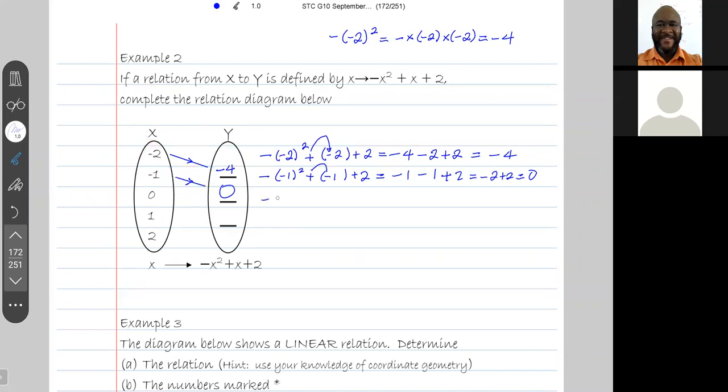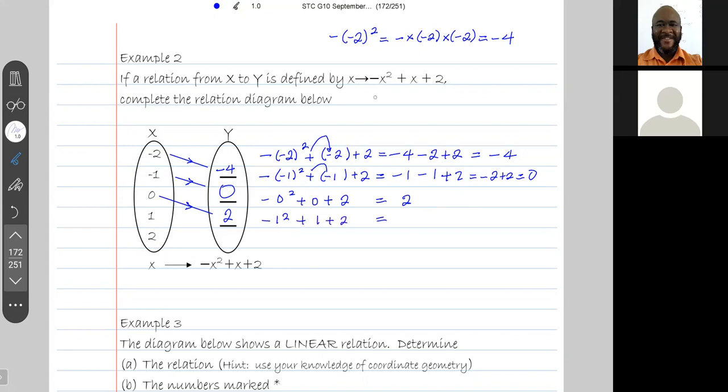So this is minus 0 squared plus 0 plus 2. So this is basically just 2. So 0 is mapped to 2. This is minus 1 squared plus 1 plus 2.